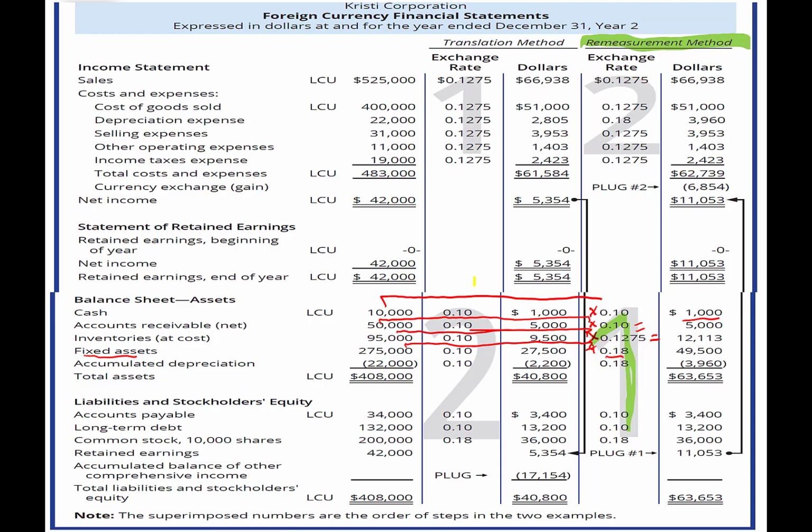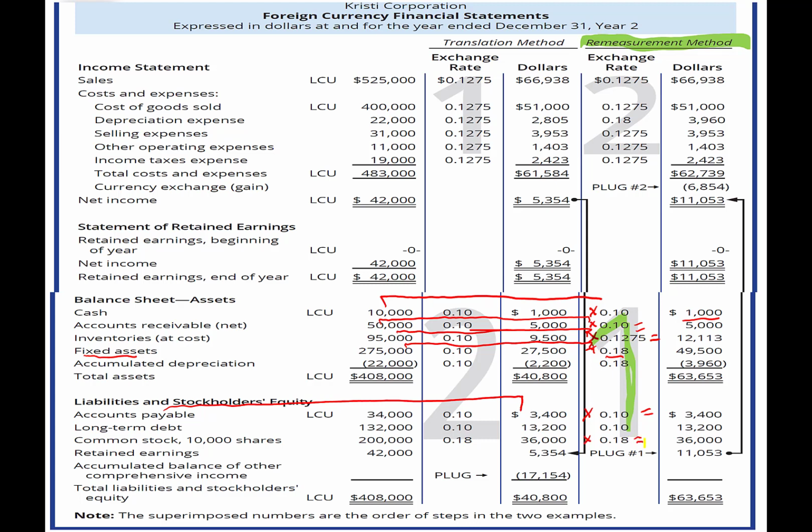Then when we get to our accounts payable, a monetary liability, we use the year-end rate. And then they told us for things like common stock, you are simply going to use the historical rate.